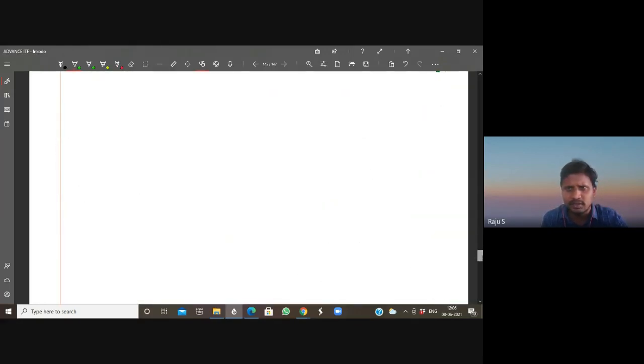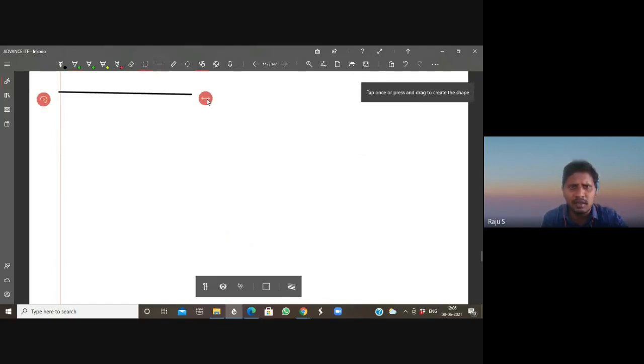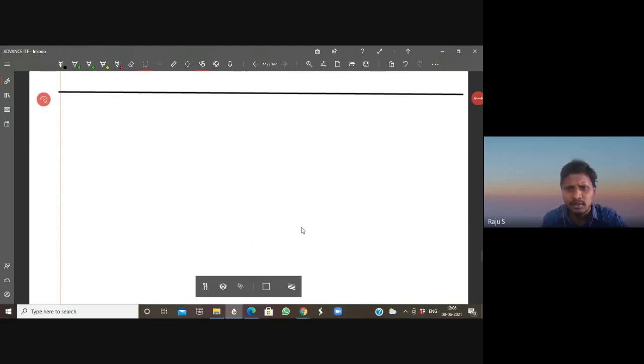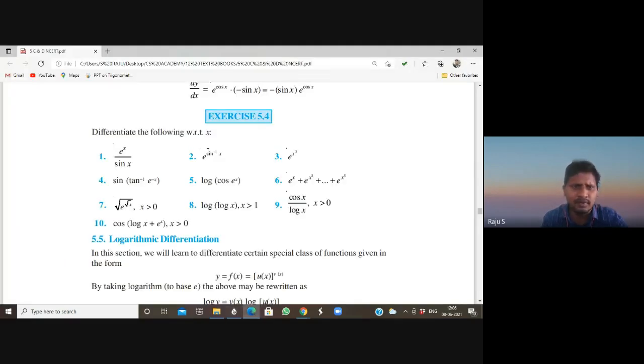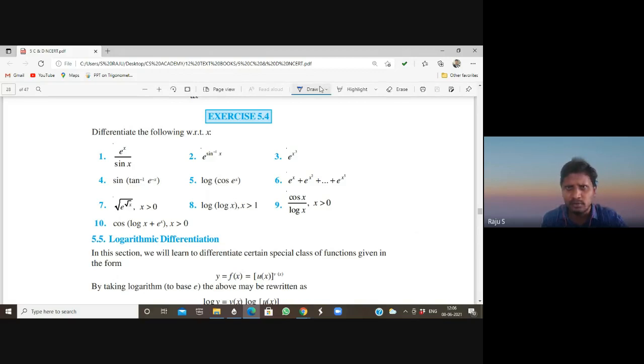The logarithmic concept belongs to the next exercise, 5.5. But here, in all these questions, we can use only 3 formulas. The first one is the product rule, remember.